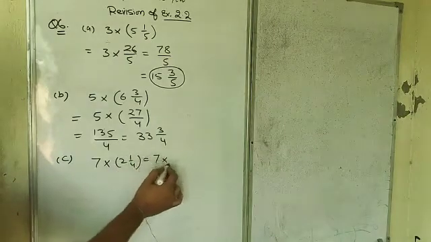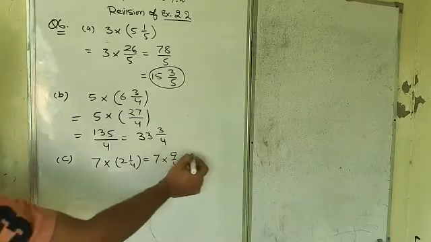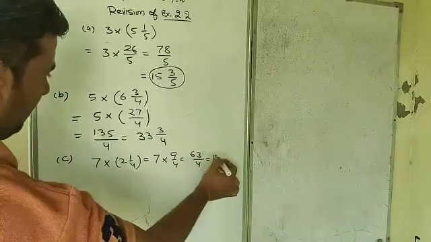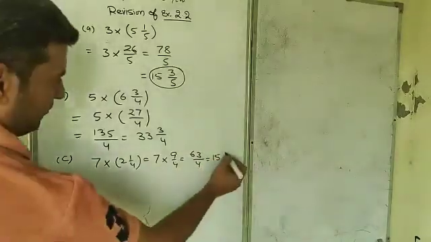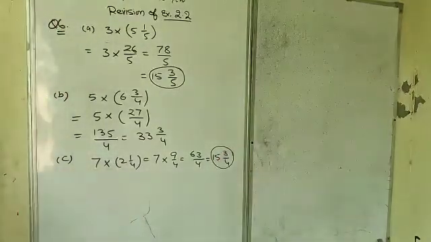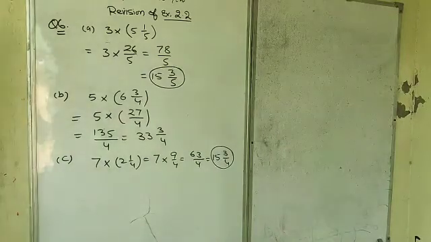So 7 is multiplied to 4 2s are 8 and 1 is 9 by 4. 9 7s are 63 by 4. 4 15s are 60. 3 remainder by 4. 15 is to 3 by 4. So now you can solve each and every question by the same practice. Okay.